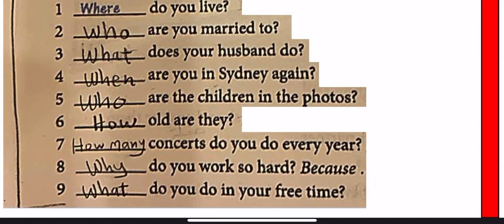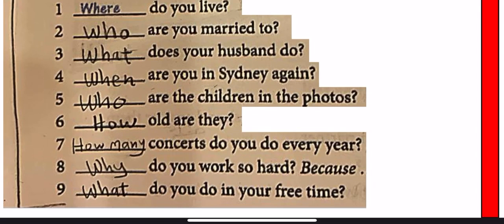So here, how many concerts, and then the auxiliary verb do, you the subject, do the main verb, every year adverb of time. So here, how many plus countable noun, concerts, plus auxiliary verb, plus you, plus main verb do, plus adverb of time. Pay attention: if we use how much, we can say how much plus uncountable noun plus auxiliary verb and then the subject.